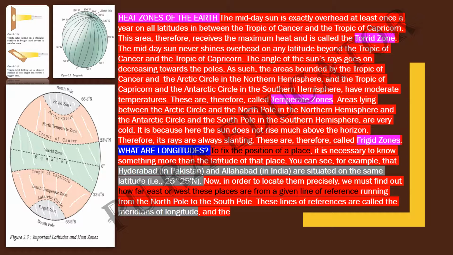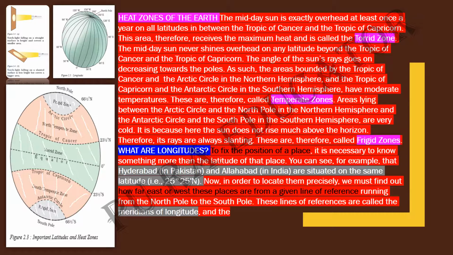For example, Hyderabad in Pakistan and Allahabad in India are located on the same latitude, that is 25 degree 25 minute north. If you want to refer to them, then you have to refer to the exact position through longitudes. We'll see in the upcoming slides how it is done with the help of latitudes.